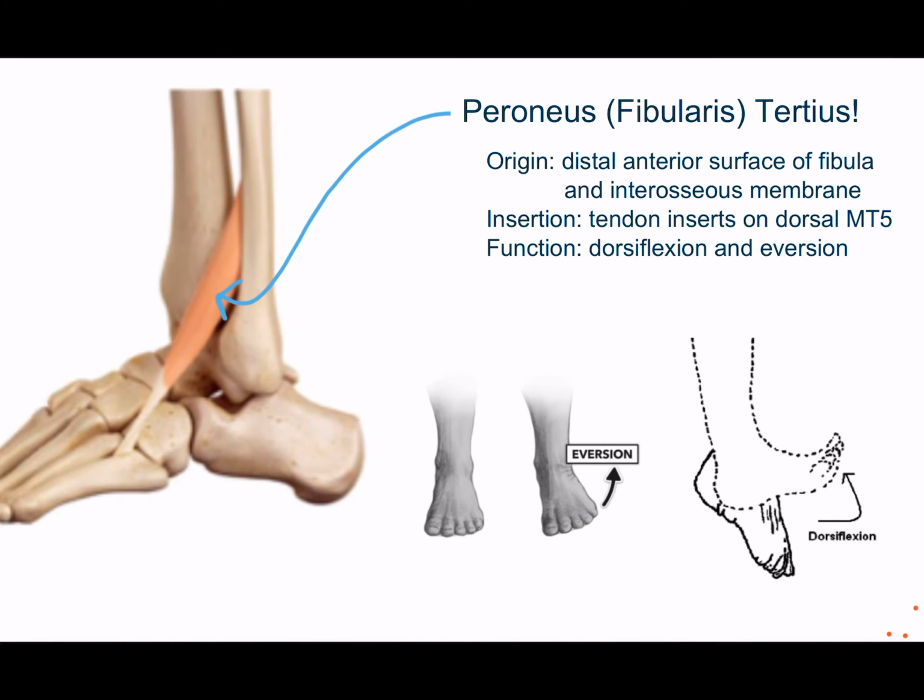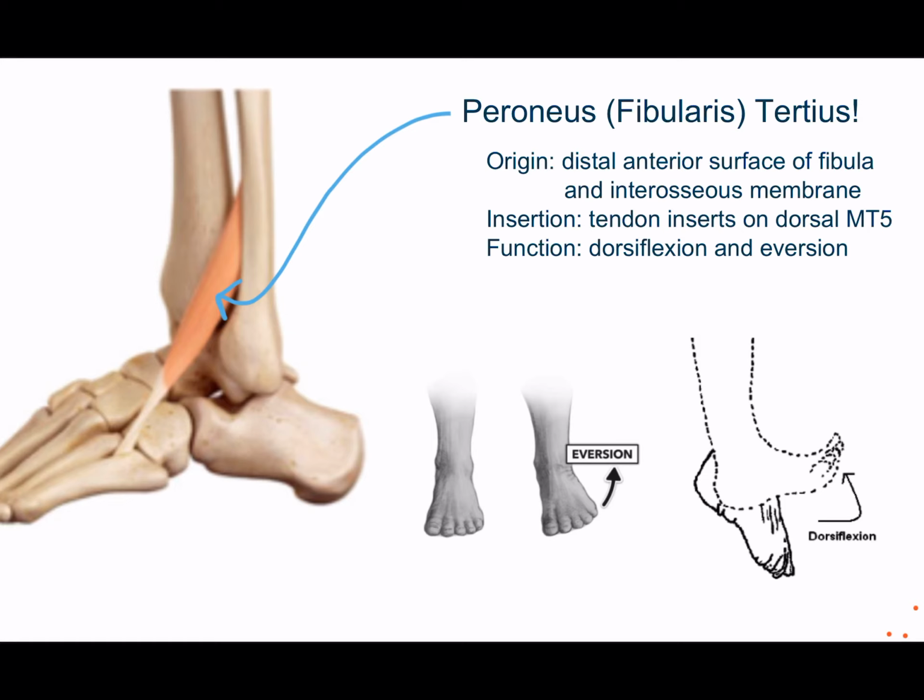So the peroneus, or fibularis, tertius, which seems to be the most irrelevant part, but I guess it's important, is going to surprisingly do dorsiflexion and eversion, which is a weird combination if you think about it. It's going to originate at the distal anterior surface of the fibula and interosseous membrane.